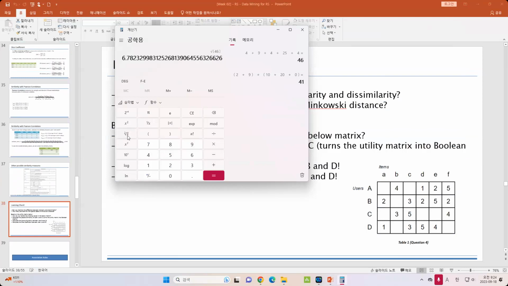And then for D, we have 1 plus 9 plus 25 plus 16, 51, square root 7.14.